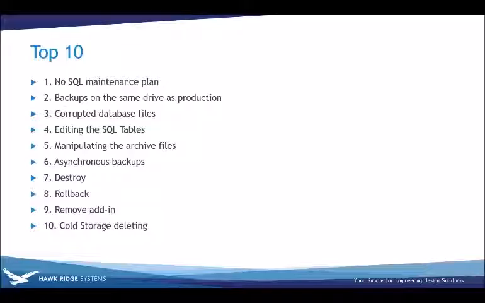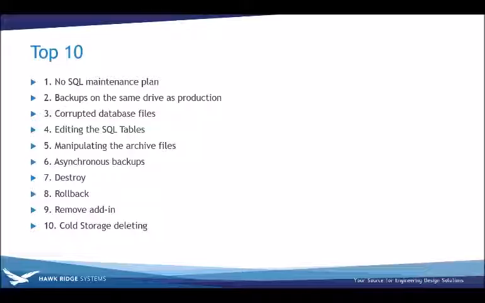Removing a default permission to not allow people to destroy files, not allow them to do a rollback on a file. Removing the add-in without actually replacing it. And then using cold storage to delete files.